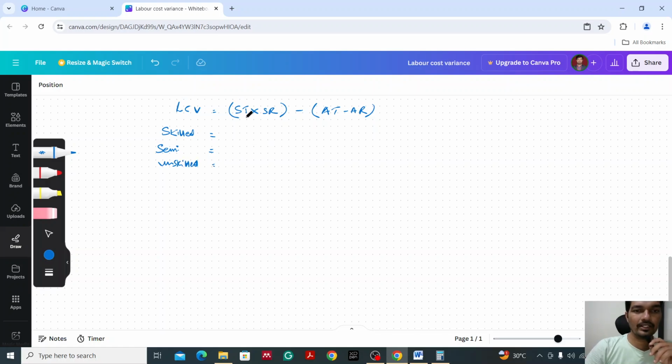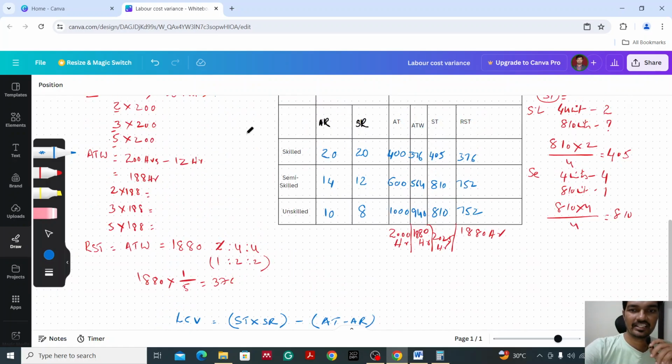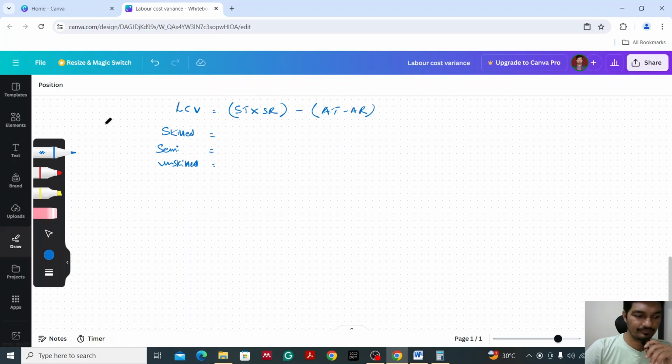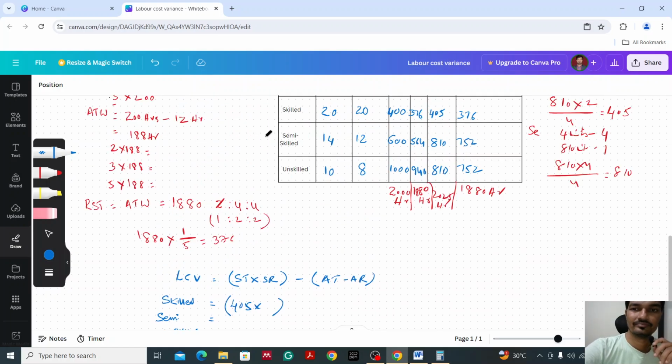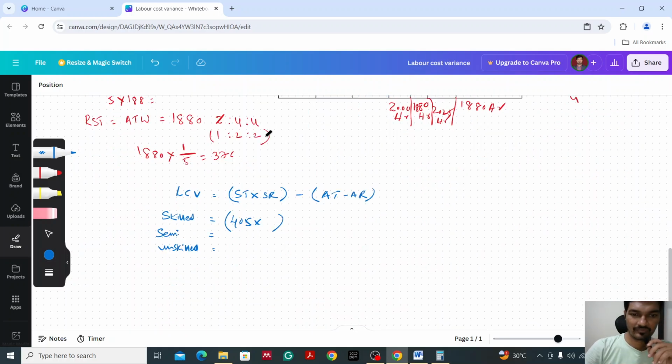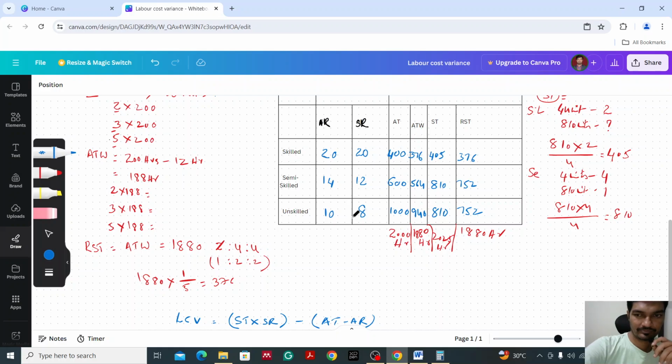So according to the data, the standard time is clearly given as 405. Just now we calculated the 405, into the standard rate given in the sum. The standard rate is 20. So substituting those values, minus the actual time.